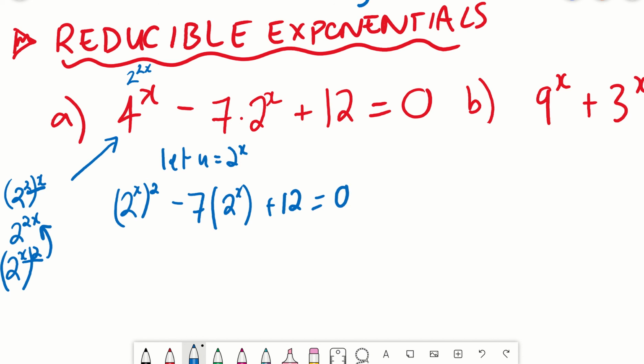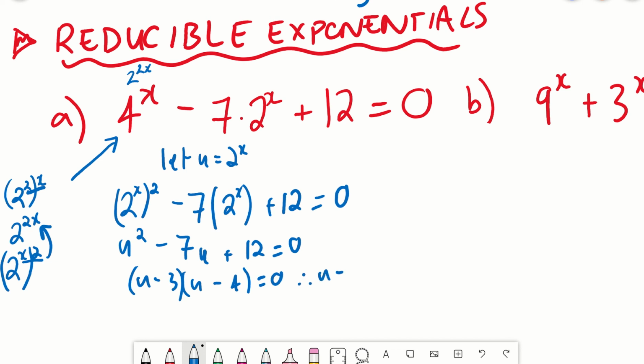Now you can see why I'm going to let u equal 2 to the power of x. If I do that, I'm going to get u squared minus 7u plus 12 equals 0. When I solve this quadratic, I get (u minus 3)(u minus 4) equals 0. So therefore u equals positive 3 and positive 4.